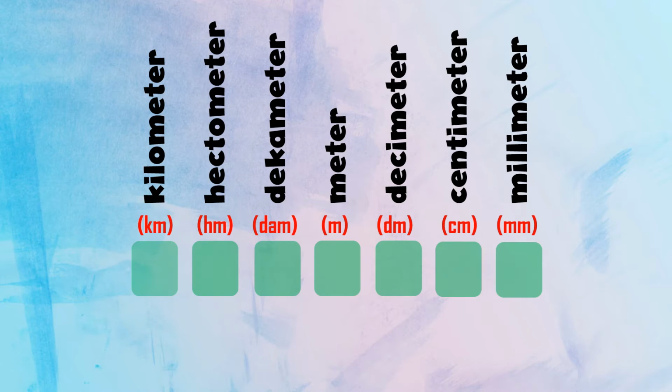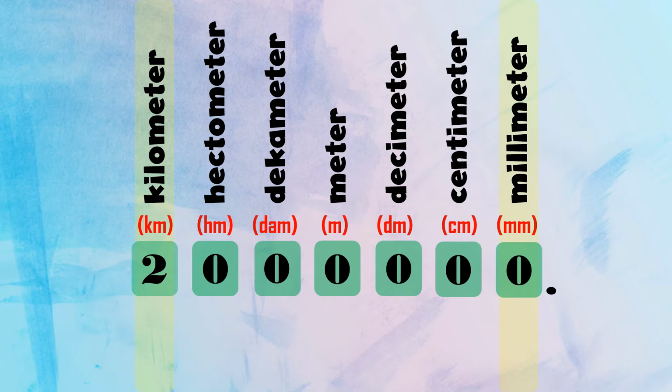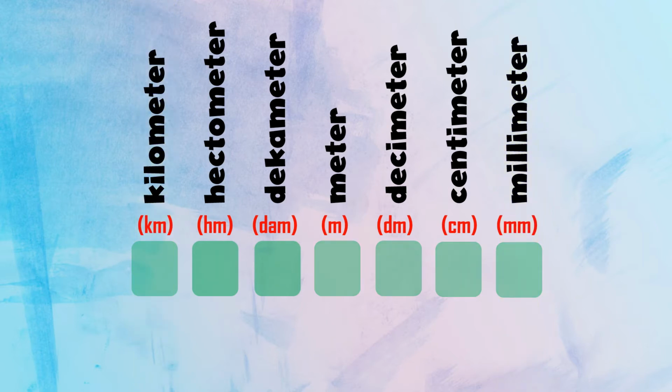For example, 2 kilometers is the same as 2,000 meters. We just added zeros on the spaces until we reach the unit meter. And also, 2 kilometers is the same as 2 million millimeters. And 1 millimeter is the same as 0.1 centimeter, and also the same as 0.001 meter.